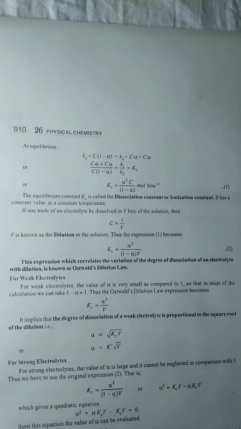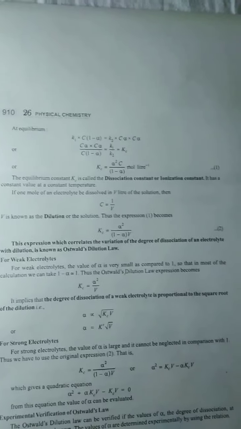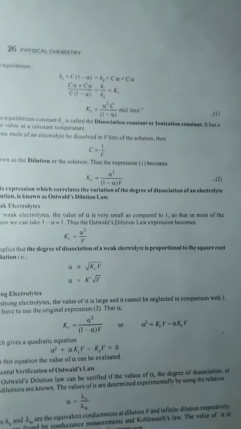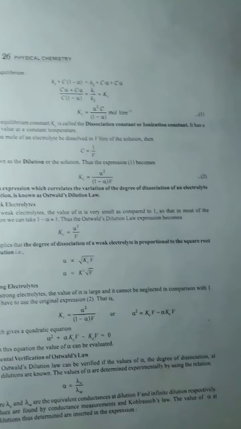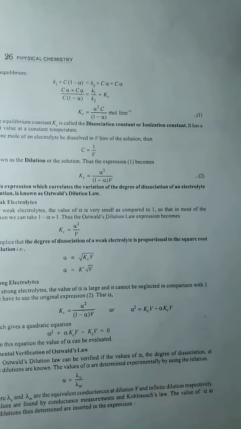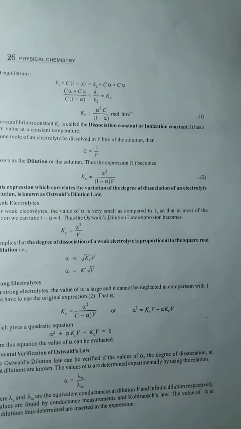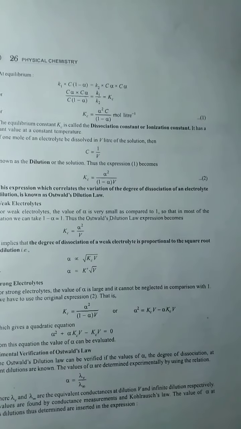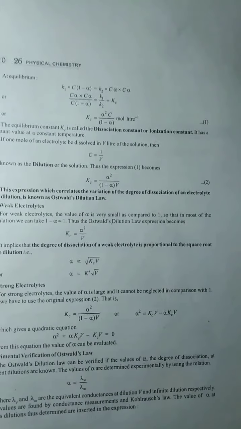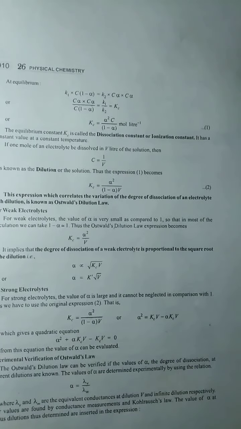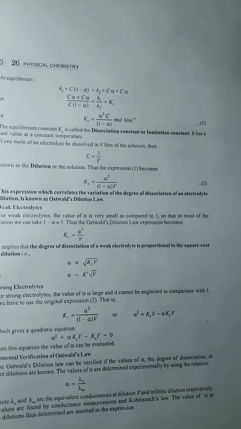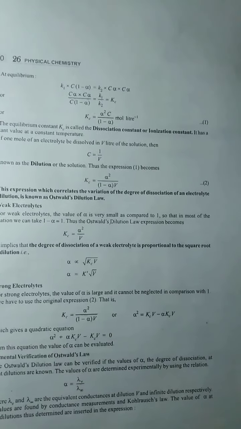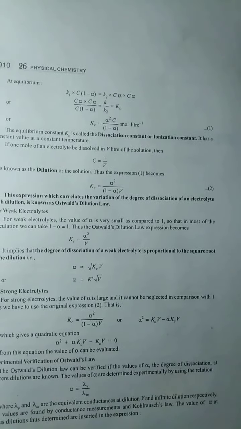Experimental verification of the Ostwald dilution law. The Ostwald dilution law can be verified if the values of alpha, the degree of dissociation, at different dilutions are known. The value of alpha is determined experimentally using the relation alpha is equal to lambda V over lambda infinity, the equivalent conductances at dilution V and infinite dilution respectively.